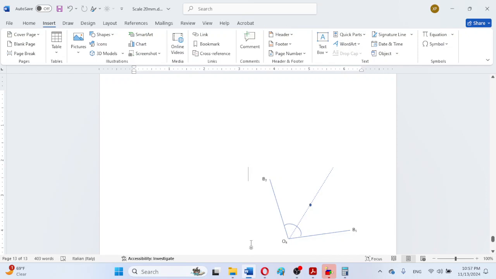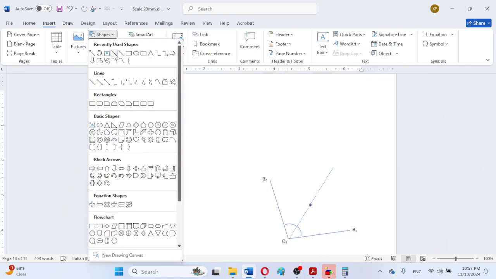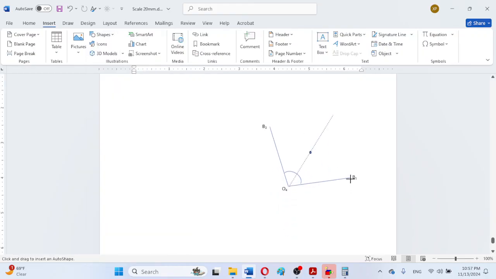Just to save time, after that we will draw a random line here, just an assumed line at any suitable distance and location, like this.